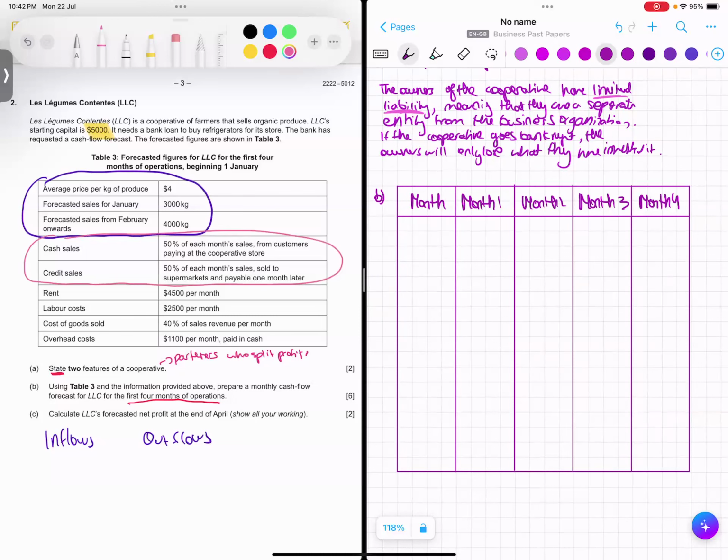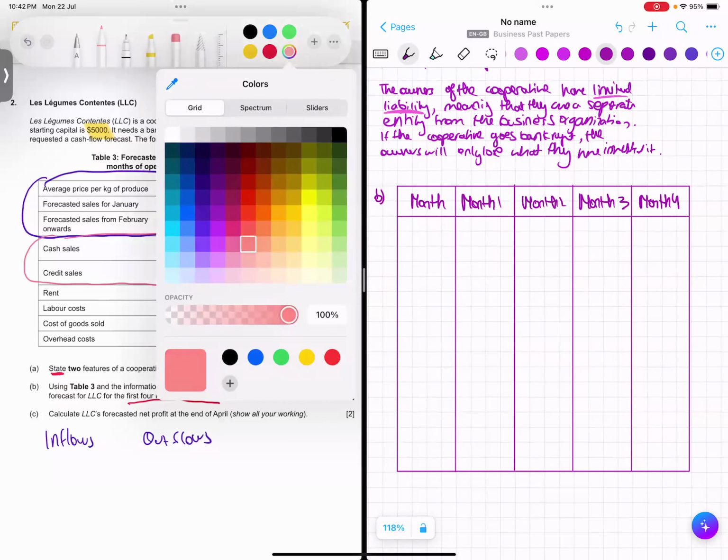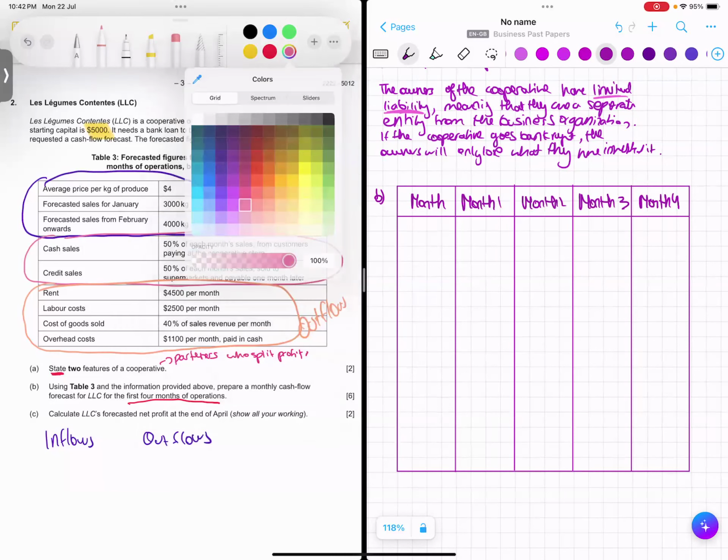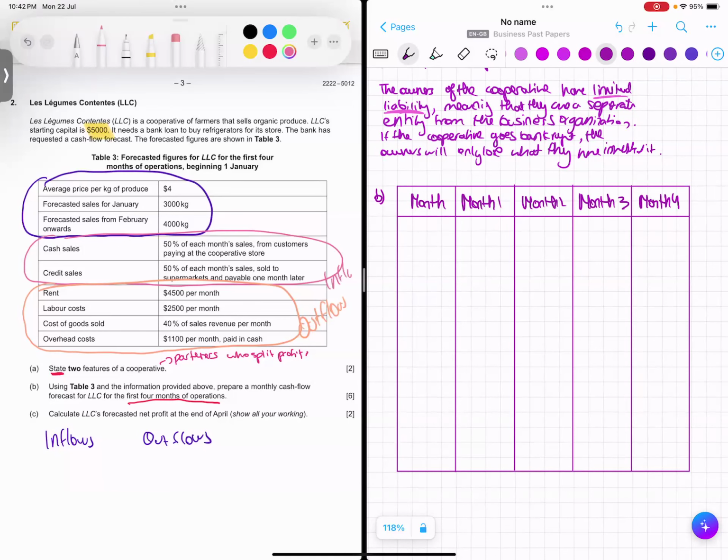And then we have rent, labor cost, cost of goods sold, overhead costs. So these are all outflows. Perfect. Now you see we directly split everything up really easily. These are our inflows, and these are just for calculation purposes.